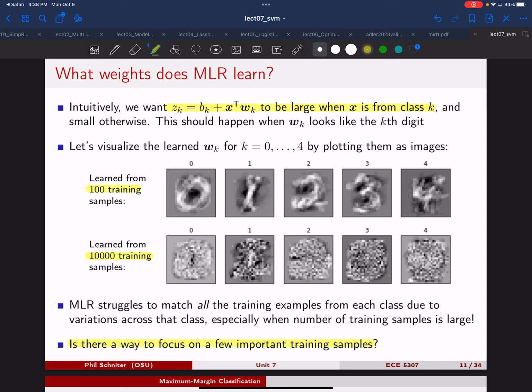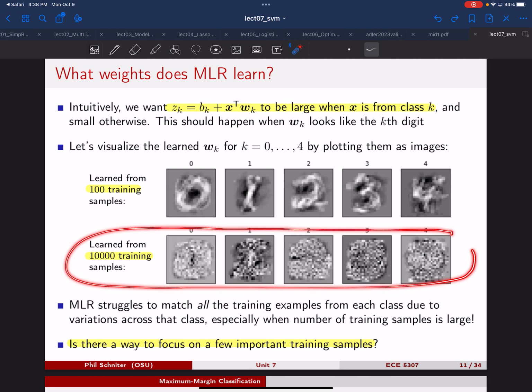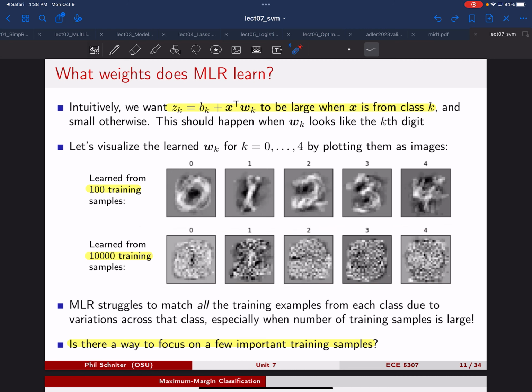Yes. Is the top row or the bottom row related to the 90% success rate from the previous slide? I think you're asking which one gave the 90%. That would be this one. I'm not claiming that this one did worse or better than 90%.